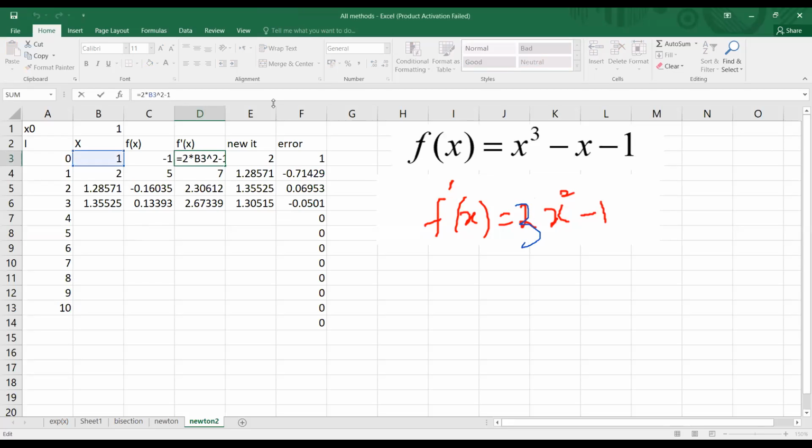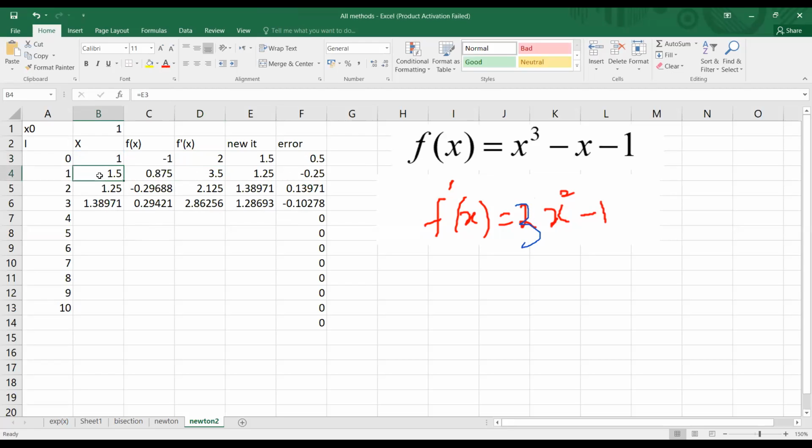Instead of 2, I have to write down 3x square minus 1. So the new value is 2, and the next iteration is 1.5, which is fine now. In the same way, you have to calculate.